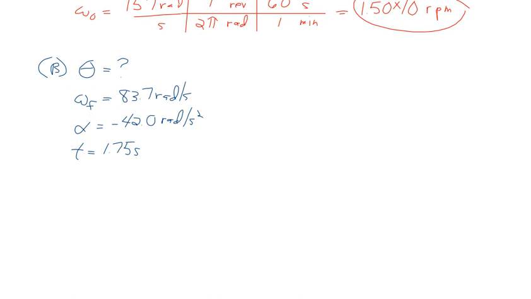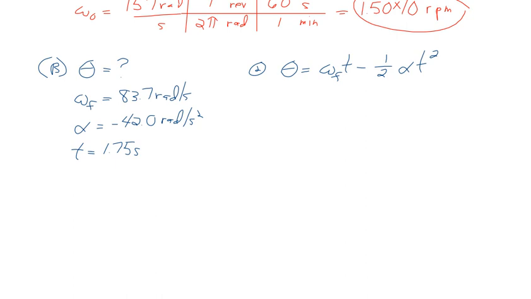So step 2 is omega final. I'm sorry. Theta equals, the only one that doesn't have the original angular velocity is omega final t minus 1/2 alpha t squared.